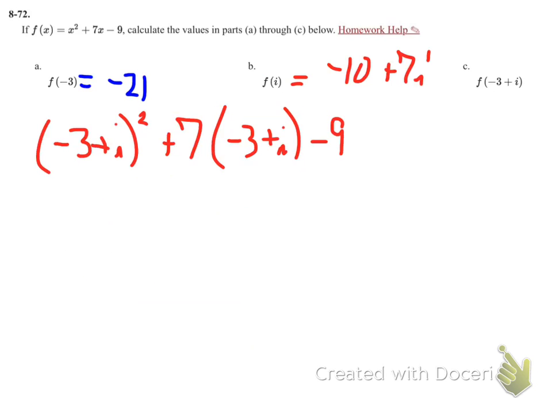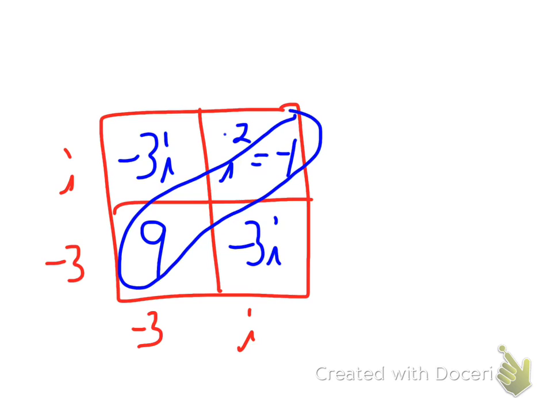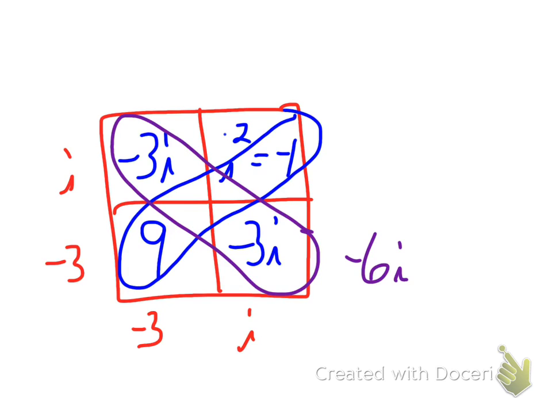And if we think back to the last problem, i squared equals -1. So when I multiply i times i, my result is actually -1, which means I now have like terms this way, and I have like terms this way. So I have a -6i from there, but these like terms are going to be +8.